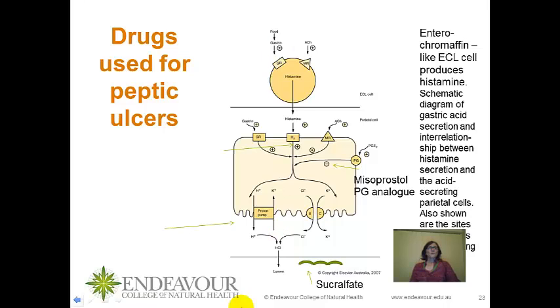Then we saw that there was a Western pharmacy to help heal a peptic ulcer by taking misoprostol, a synthetic prostaglandin E1 analog. The advantage of taking the sucralfate and the aluminium hydroxide is it encouraged the production of your own endogenous prostaglandin and production of your own endogenous mucus.